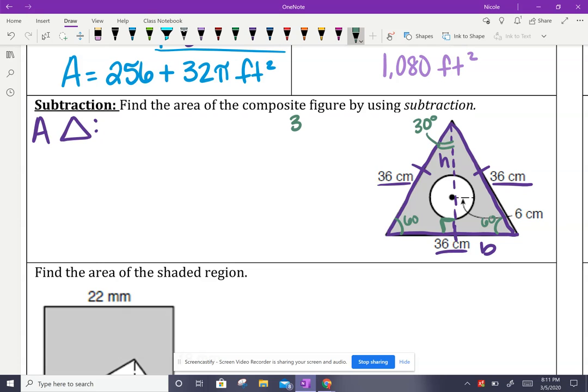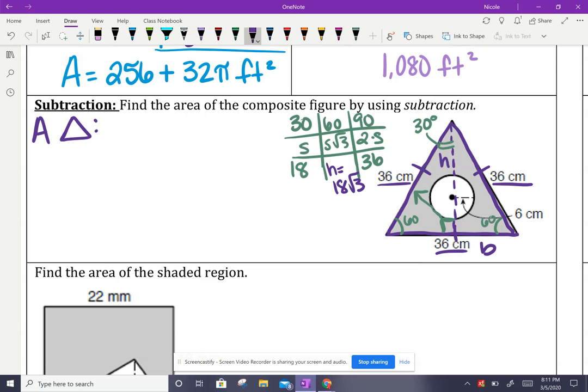So 30, 60, 90, S, S root 3, 2S. We know that across from our 90 is 36, so that is 2S. 36 divided by 2 makes S 18. So our height is equal to 18 root 3. 18 root 3 for the height.